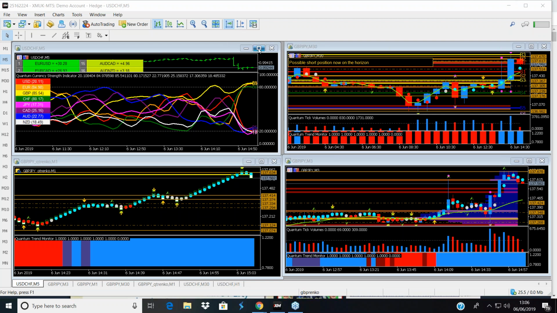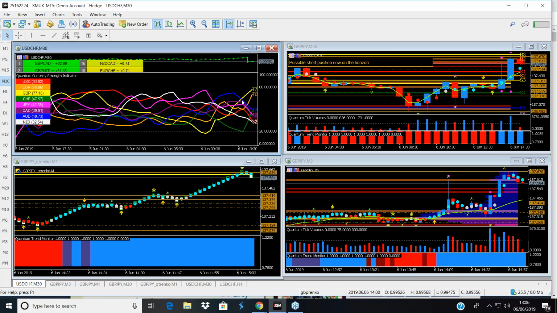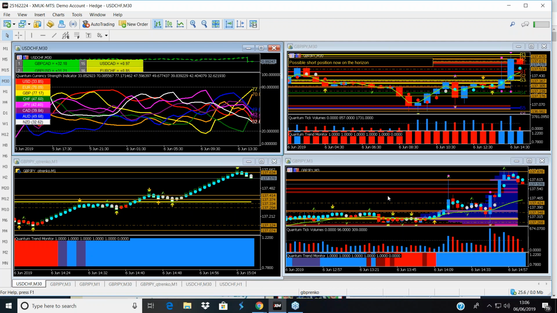Right. Very, very quickly, well, let me just quickly run through this. In fact, what I'll do is I'm going to leave this. This is the pound yen, and as I said, the workspace that I have put together is a way of using multiple time frames, the CSI, and also the Renko chart with a time chart for finding trading opportunities.